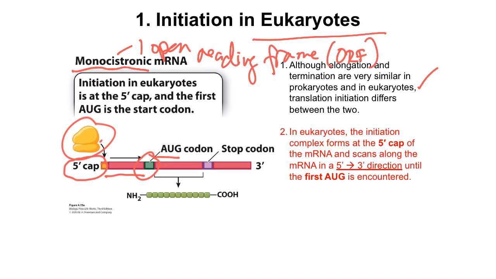Now, it is important to point out that the scanning process proceeds in a 5' to 3' direction until the first AUG is encountered. So it is the 5' cap structure in the messenger RNA that actually directs the ribosome to scan in this direction from 5' to 3'.